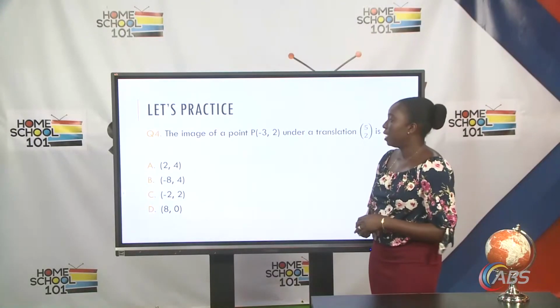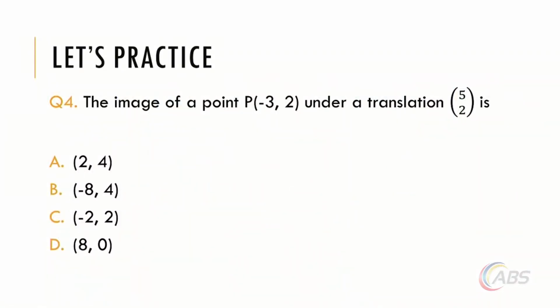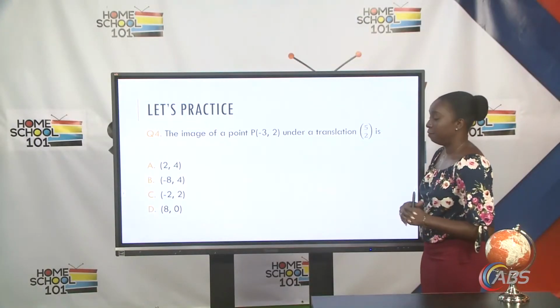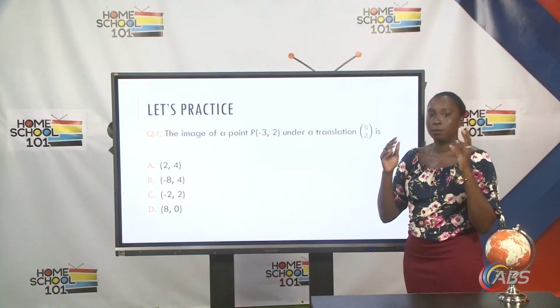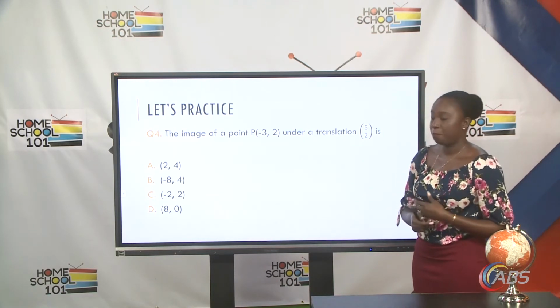Question 4, the image of a point P, which is -3, 2, under a translation 5, 2 is which of the following answers? So they gave us the coordinate of a point P, and they want to know, when I translate this point P by the translation 5, 2, where is the point now located on the graph?